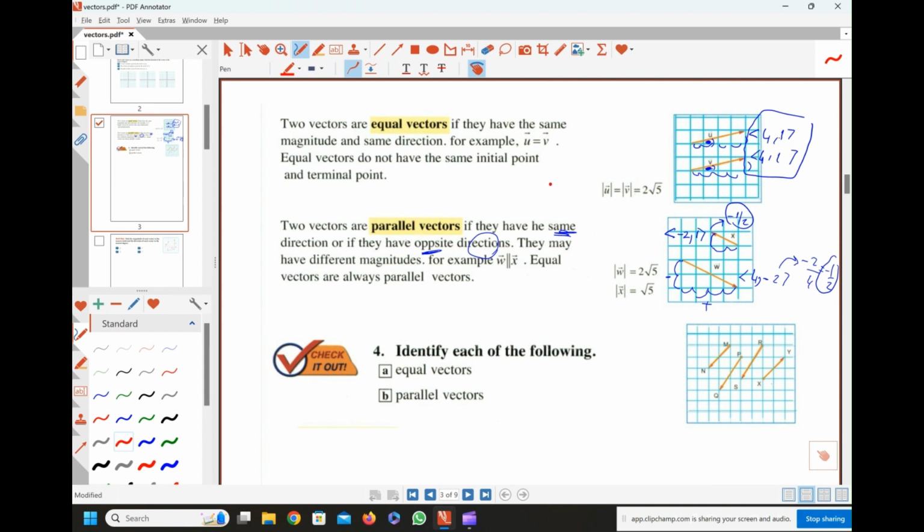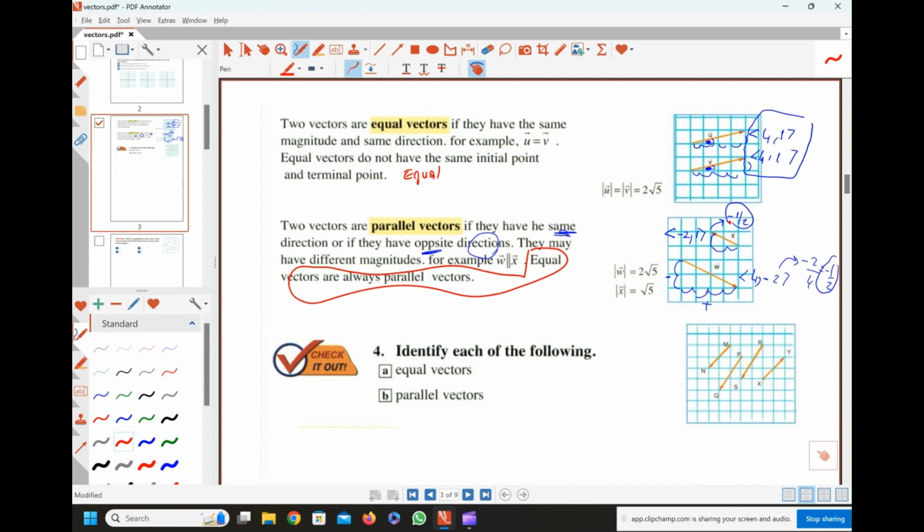Yes, of course, because they have the same tangent ratio, opposite over adjacent, for both of the vectors. It's also written here: equal vectors are always parallel vectors. So whenever you are asked to find parallel vectors, you can always say that equal vectors are parallel also.